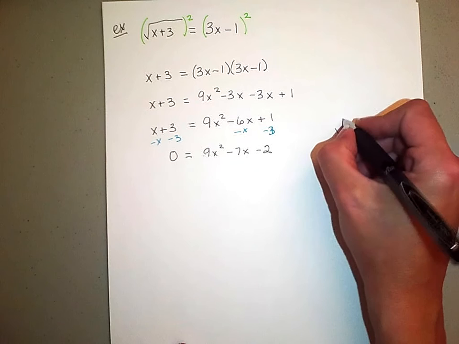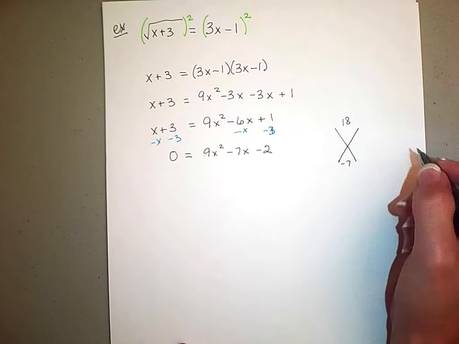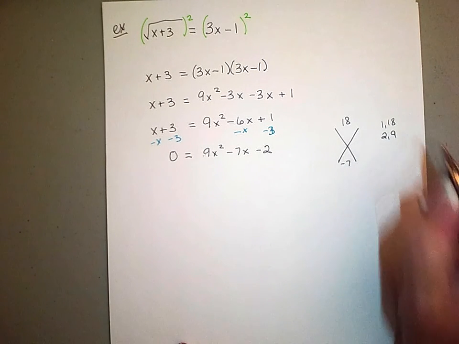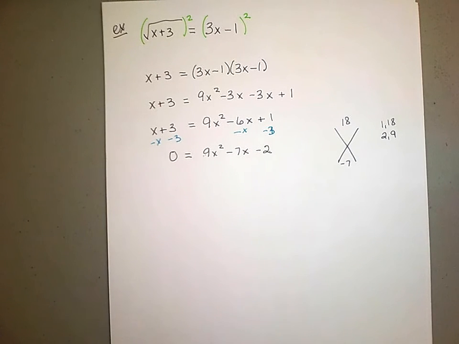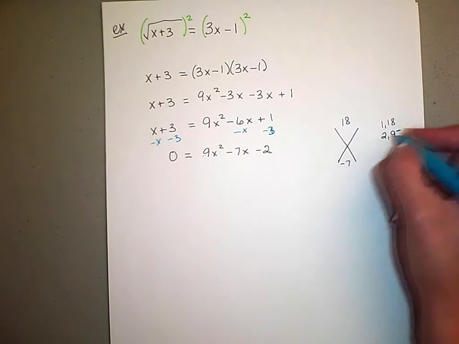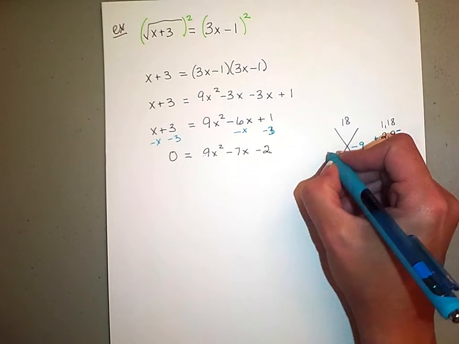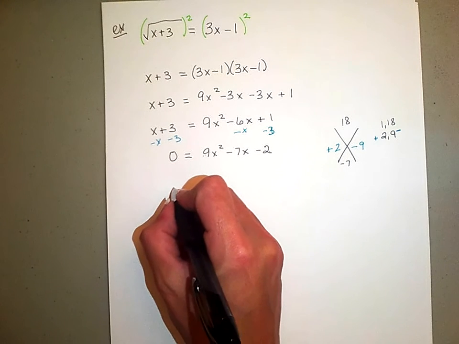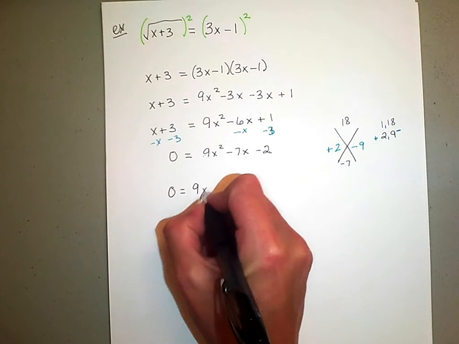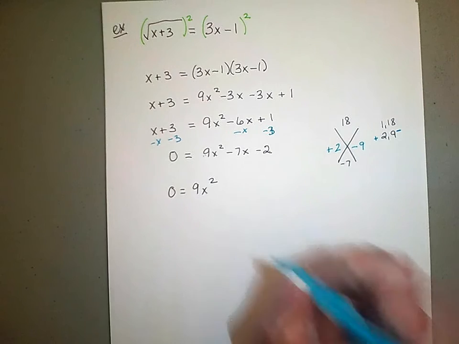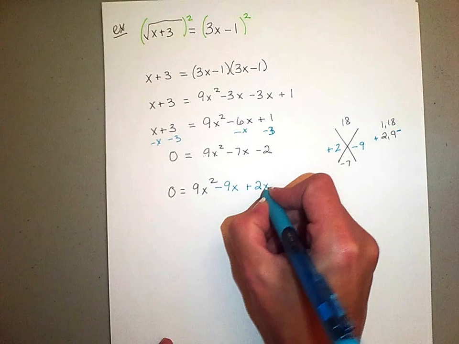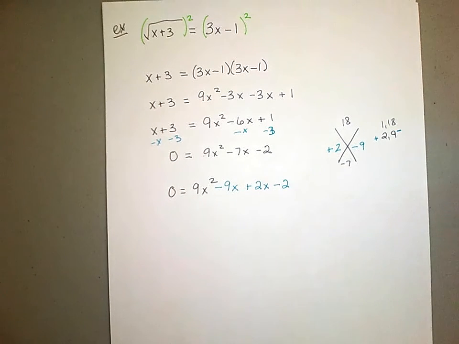So 9 times 2 is 18, and we need factors that add up to -7. The factors of 18 are 1 and 18, 2 and 9. So it will actually factor. I need a -9 and a 2. So we can rewrite this as 0 is equal to 9x squared minus 9x plus 2x minus 2.